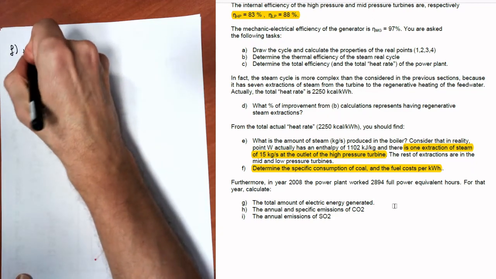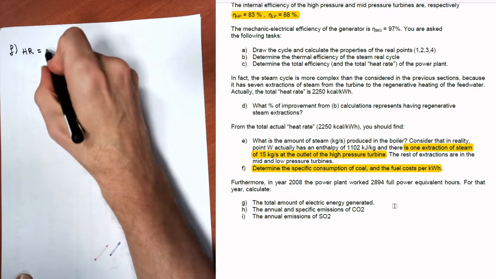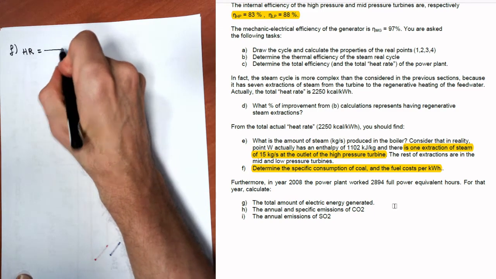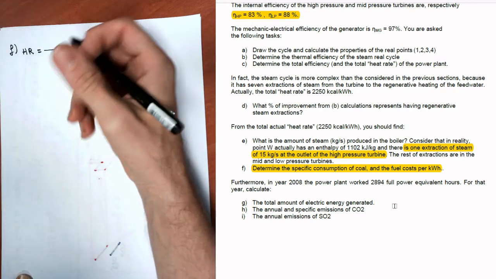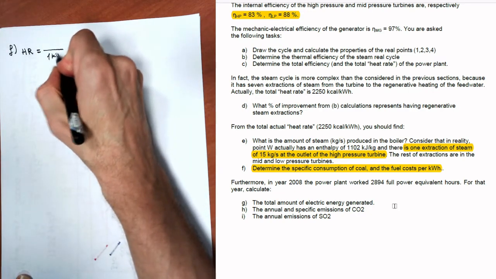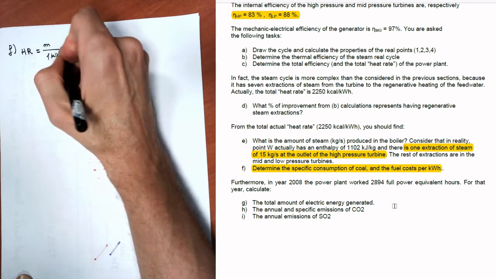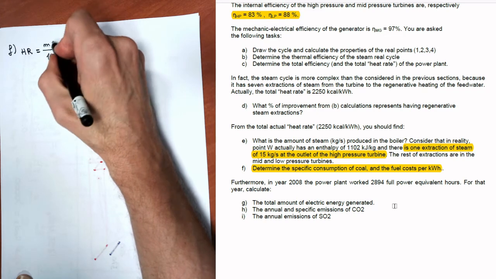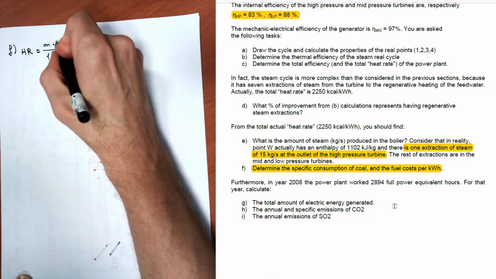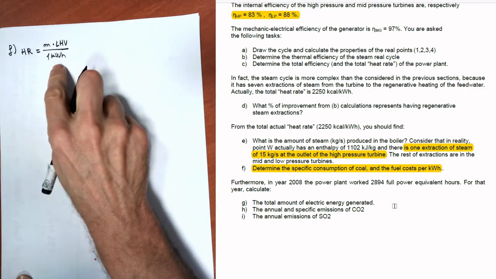Heat rate is how much energy I need to burn, how much energy I need to combust, make combustion to get 1 kilowatt hour. So I need to burn some kilos of coal with a certain LHV to get 1 kilowatt hour.